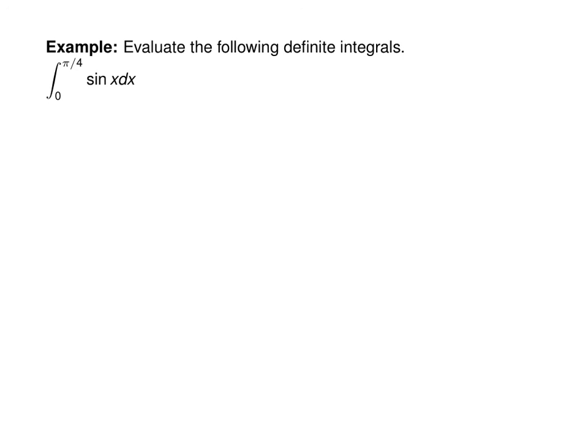All right. So find the definite integral of sine x between 0 and pi quarters. This is saying find the area under the sine curve between 0 and pi quarters. So let's just draw a little picture of what that is. Sine begins at 0, at pi over 2, sine is 1, by pi we're back down at 0.